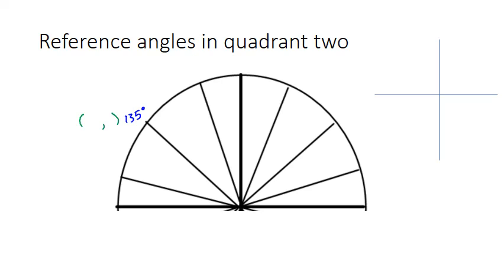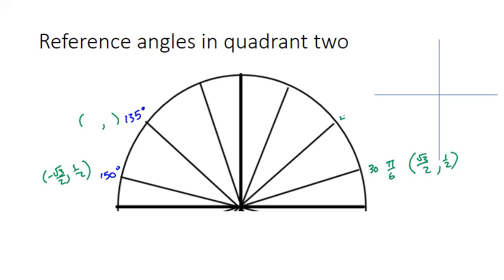Remember that we had the following relationship. So we had over here 30 degrees, or pi over 6, and the ordered pair was radical 3 over 2 and 1/2. Remember also that over on the other side, we had 150 degrees, and the ordered pair was negative radical 3 over 2 and positive 1/2.